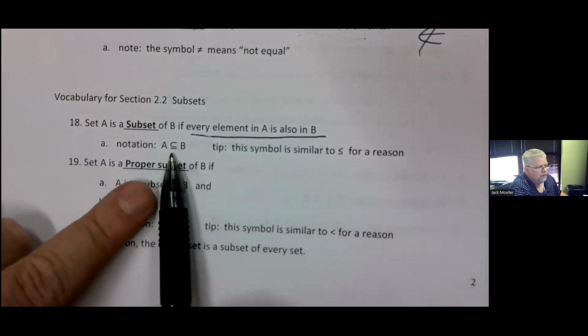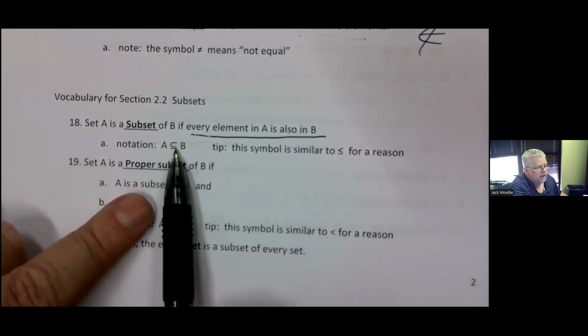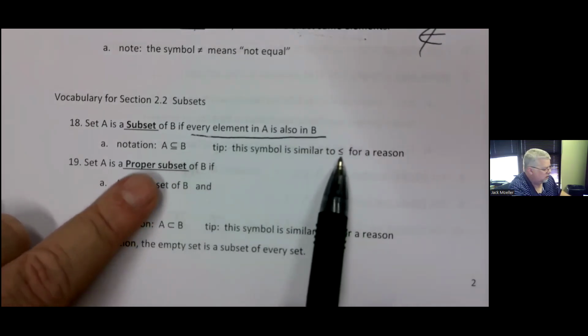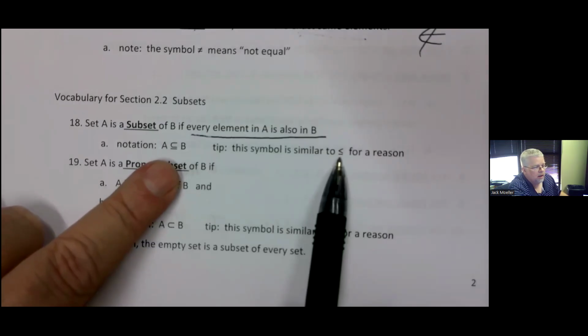Okay, the notation, it looks like an elongated C with a bar under it. Now, I don't know if you noticed this right off the bat, but to me, that subset symbol looks a lot like less than or equal to. And that's not coincidence. It's there for a reason.